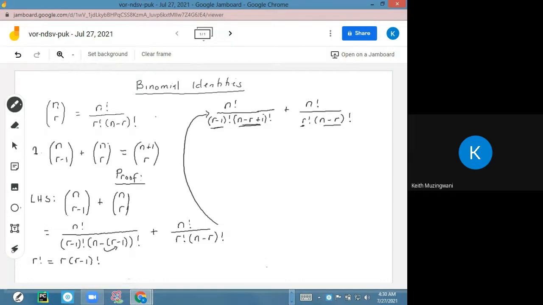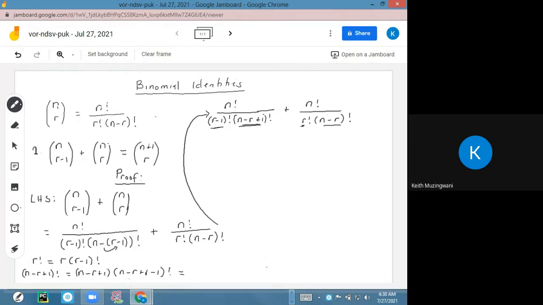Suppose where there is r we put n minus r plus 1. This thing can also be written as n minus r plus 1 first, following it will be n minus r plus 1 minus 1, and a factorial outside.